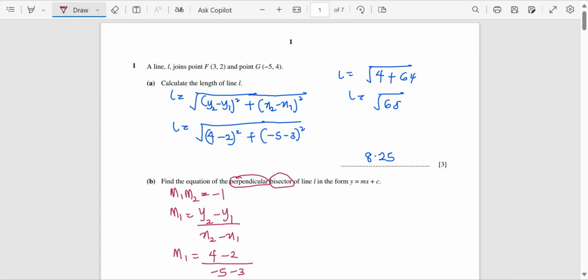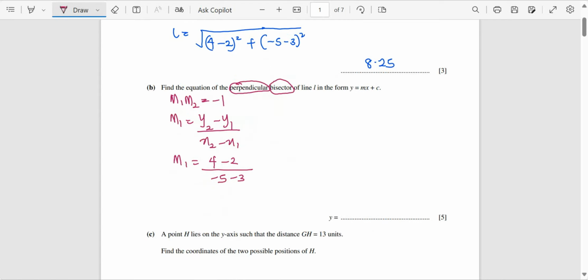So the gradient here would give us 2 over -8, and that's -1 over 4. So the gradient of the second line would be -1 over -1 over 4, and that's going to give us 4. So y equals 4x plus c.